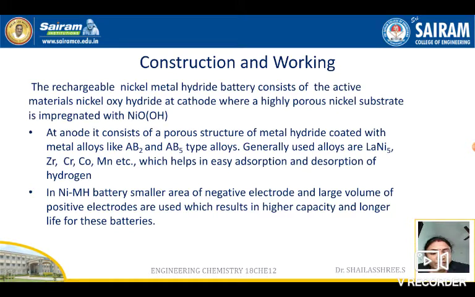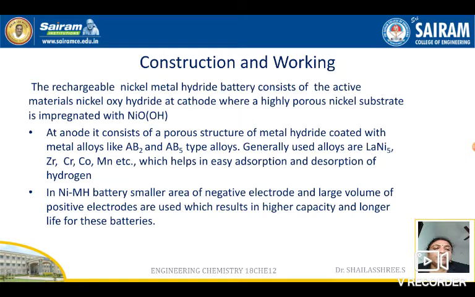A metal which reacts with hydrogen also gives rise to a metal hydride. Here that metal hydride is coated with AB2 and AB5 type alloys. Very important. When you are explaining, you must write these AB2 and AB5 type alloys, then only will you get full marks here.